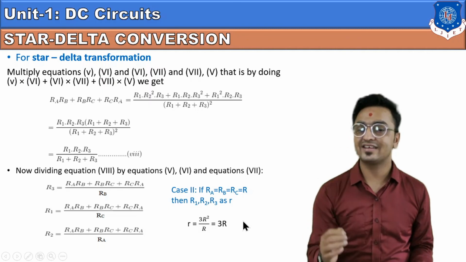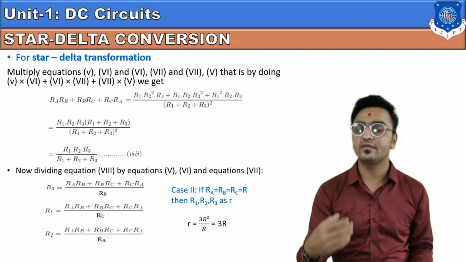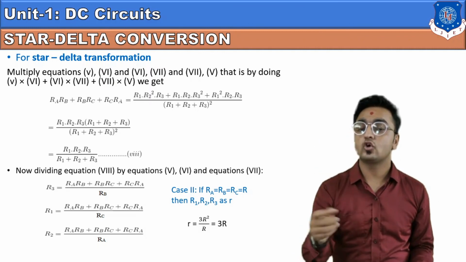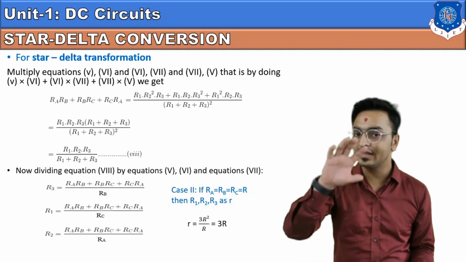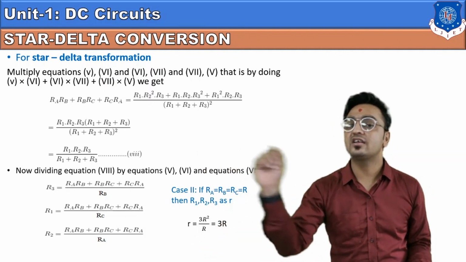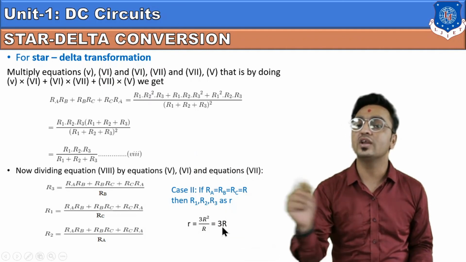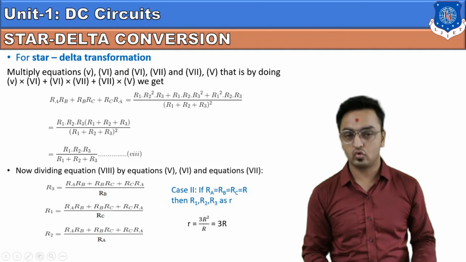That means, as an example, if we have a star connection in which all resistors have value 10 ohm, and we convert it into delta, then in that delta connection all resistors will have value 3 into R, meaning 3 into 10 is equal to 30 ohm.